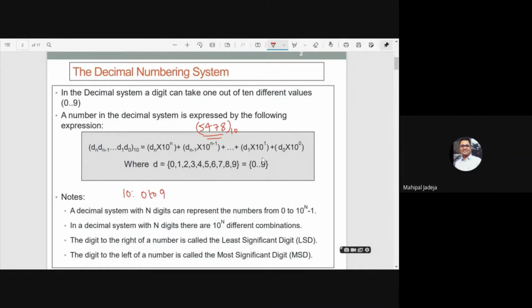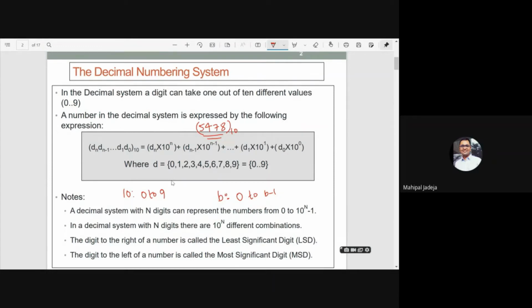So in general, if I am talking about a number system with base b, then I will be allowing numbers starting from 0 to b minus 1. So in total, I am allowing b different numbers, but numbers will start from 0. Therefore, it will go up to b minus 1 only, right?